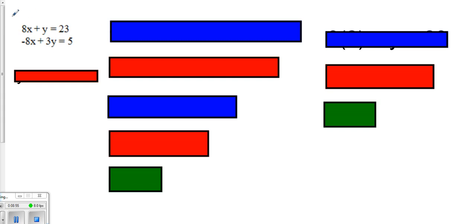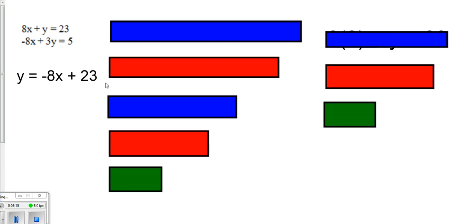All right, here we've got 8x plus y equals 23 and negative 8x plus 3y equals 5. Now, we're going to need to rearrange this top one first before we can plug it in to the bottom one. So we would subtract 8x from both sides, and we'd have y equals negative 8x plus 23.